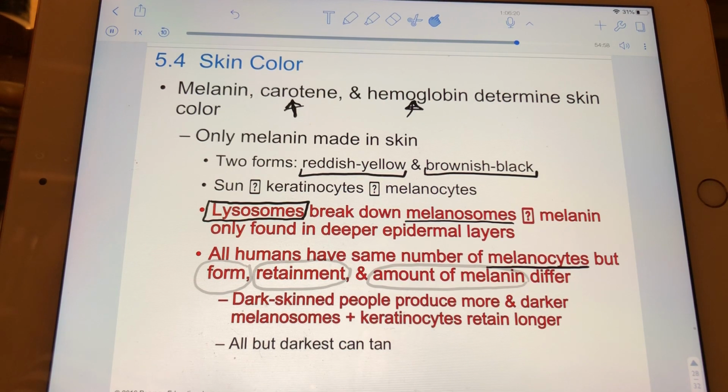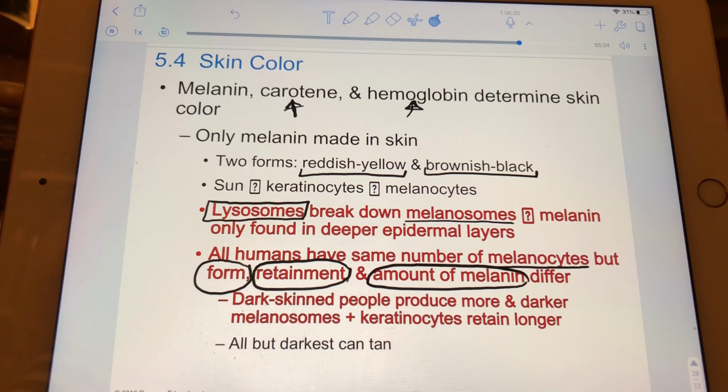So where melanin is concerned, we can consider which form, the reddish yellow or the brownish black, is more abundant. We can consider how long those melanosomes are allowed to persist before they're digested, and how much melanin is made, okay?